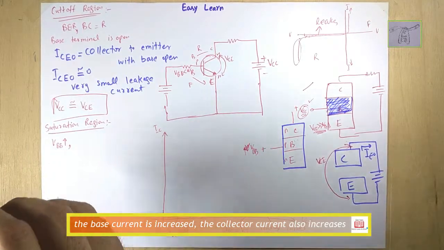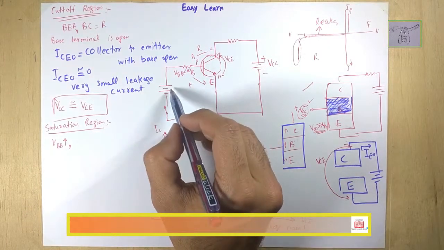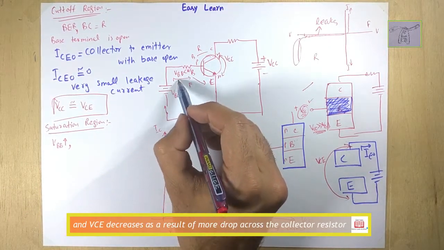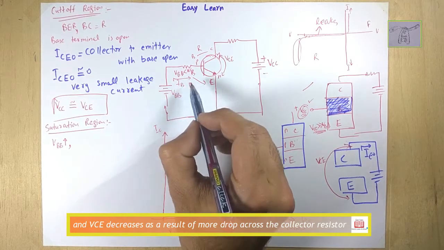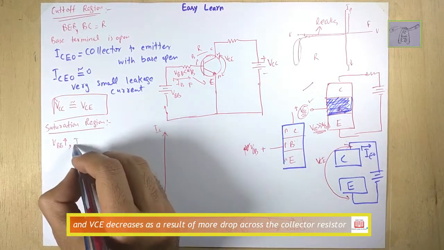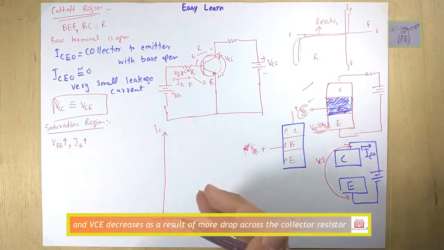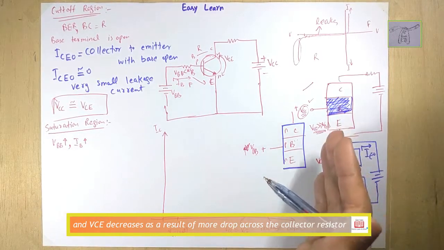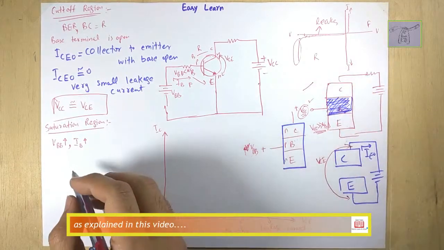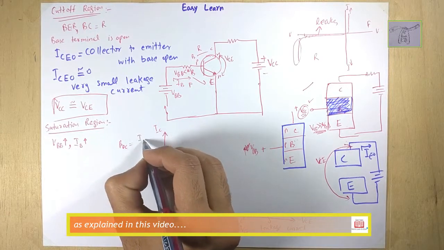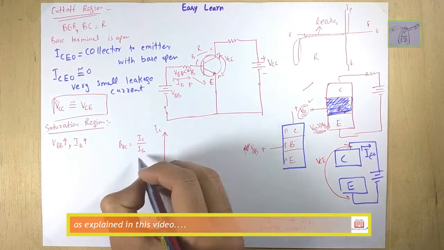If I increase VBB, then due to this increase in voltage in the closed loop, IB also increases, because base current is directly proportional. And when base current increases, because this is an active region, remember there is a formula called beta DC equals collector current divided by base current.